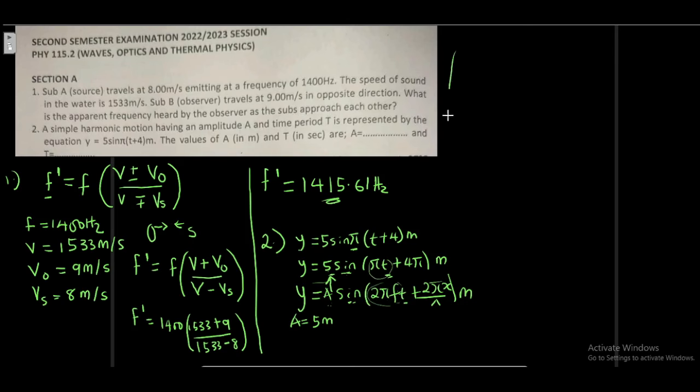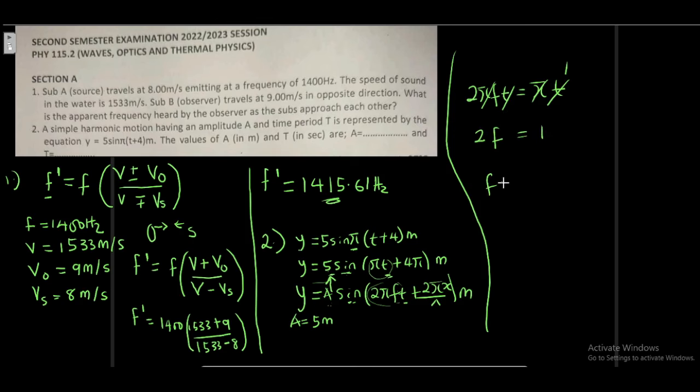So in that case, we are going to say 2 pi ft equals pi t. Small letter t will cancel small letter t, pi will cancel pi, and you will be left with 1 here. So now you're going to have 2f, t has already cancelled out. We'll be left with 2f equals 1. So f will be equal to 1 over 2. So this is the frequency.